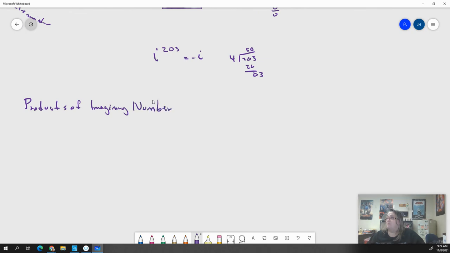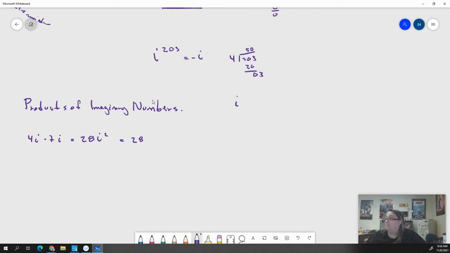Products always means multiplication. I'm using a lot of this purple pen today. If I have 4i times 7i, I get 28i squared, just like if I was multiplying any variable, right? But we know that i squared equals negative 1.